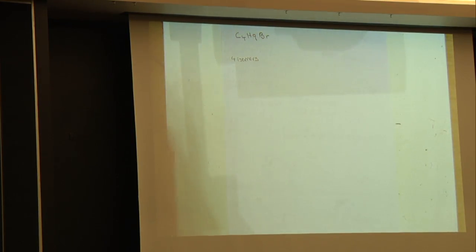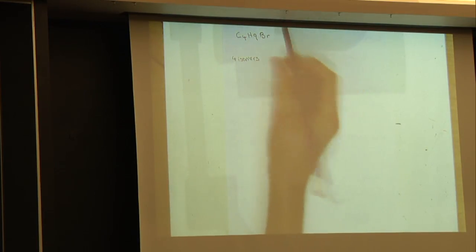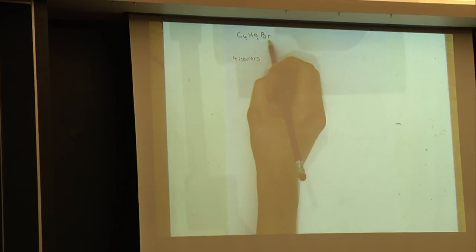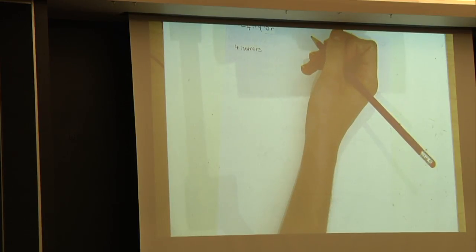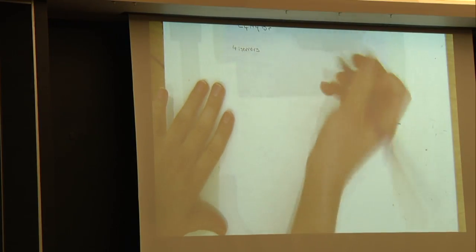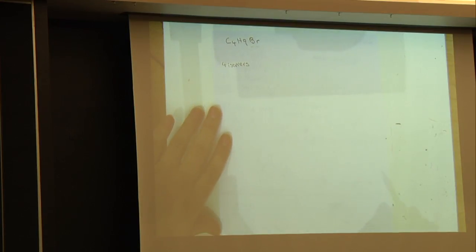So usually I just start by calculating the hydrogen deficiency index, right? So we know that a bromine is counted as a hydrogen. C4H9 plus 1, it's C4H10, N equals 4. My hydrogen deficiency index is 0, right? Cool. So if I don't have any hydrogen deficiency index, I don't have any double bond, any cyclic structure, or any triple bond.